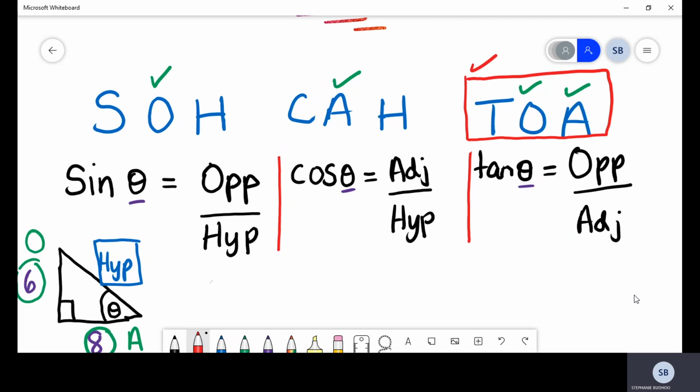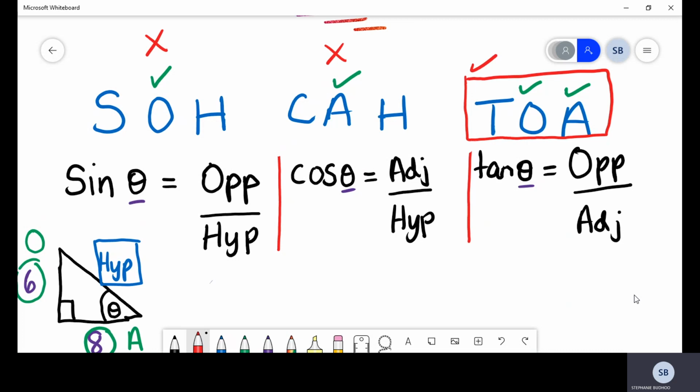The ratio that has 2 ticks for the sides that you have values for would be the one to use. So we would not be able to use CAH because you do not have sufficient values, nor SOH. So, okay, cool. I understand. So we use TOA, but I don't know how to use TOA.